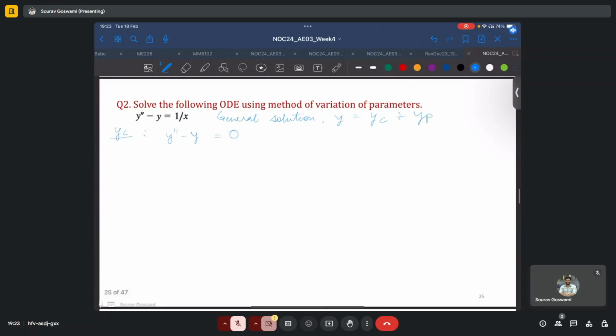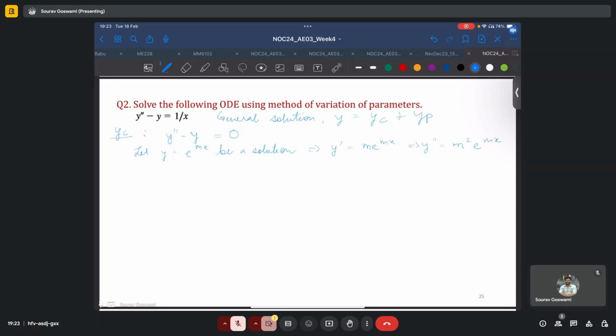So again, let us start by assuming y equals e power mx is a solution, which implies that y prime is equal to m e power mx, and y double prime is equal to m square e power mx.